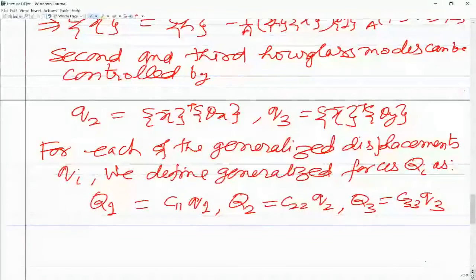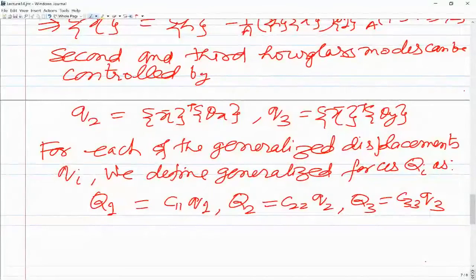Of course, here C11, C22, C33 are user input values. If these values are too large, the element again would show locking. If these are too small, the element will not register hourglass, so it would show hourglass deformation. So you have to take the values in such a way that the element doesn't lock, and at the same time it registers the hourglass deformations.